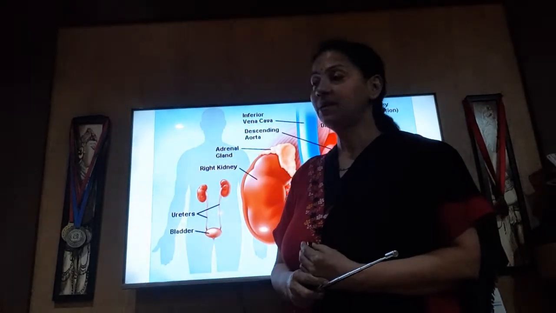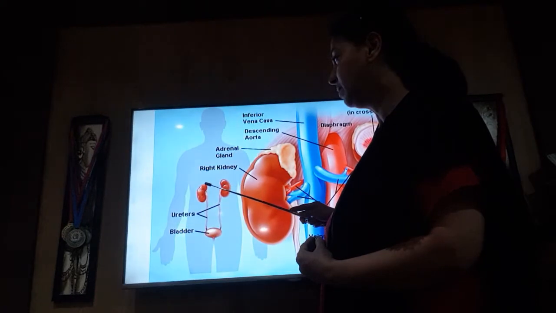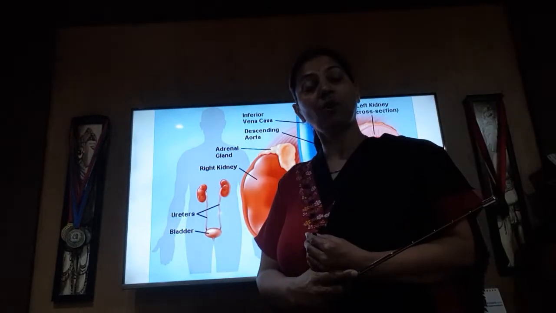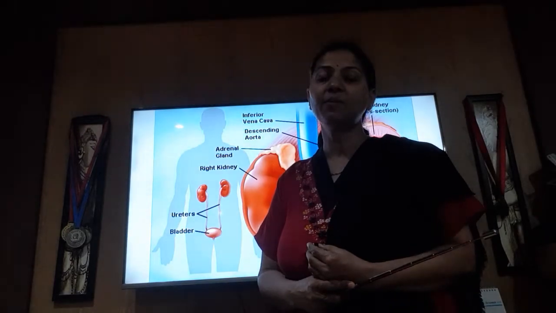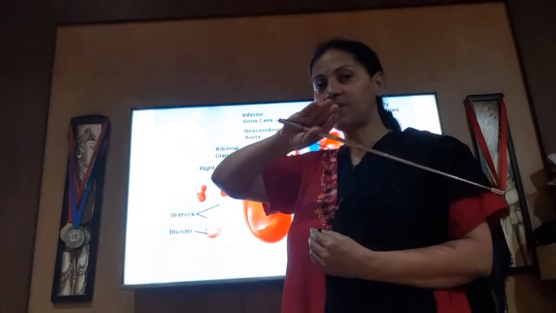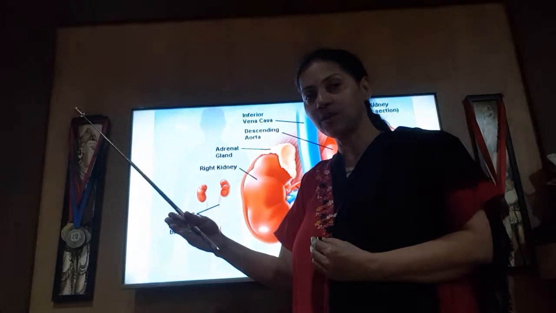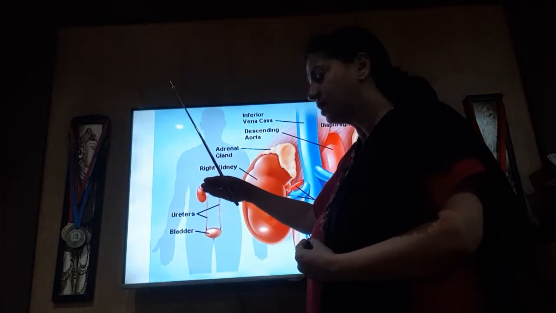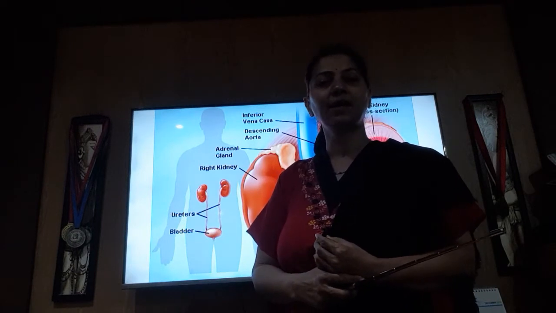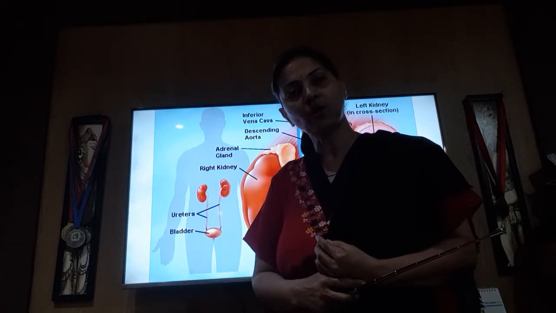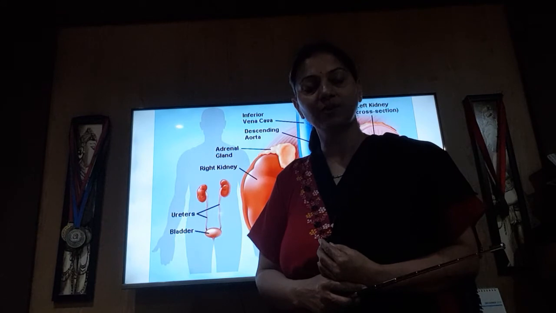In the upper part, just behind, the superior pole of both the kidneys is related to the diaphragm. So it has got a diaphragmatic surface, because the dome of the diaphragm is convex like this, going down. So it is going down behind the kidney. So the upper pole of both the kidneys is related to the diaphragm. So it has got a diaphragmatic surface.